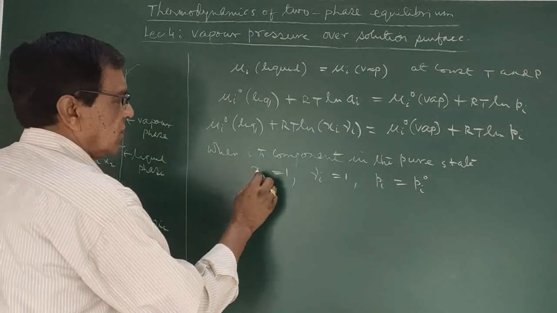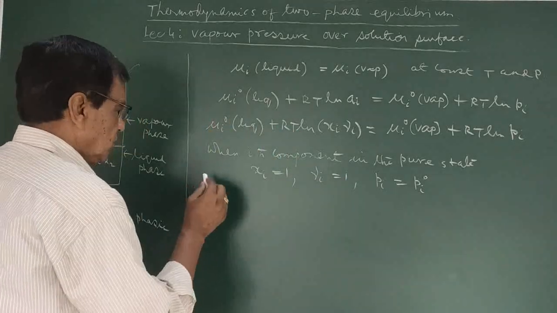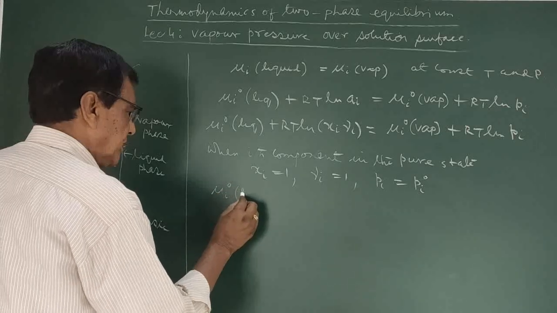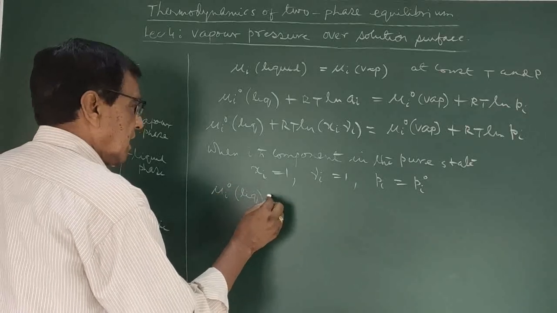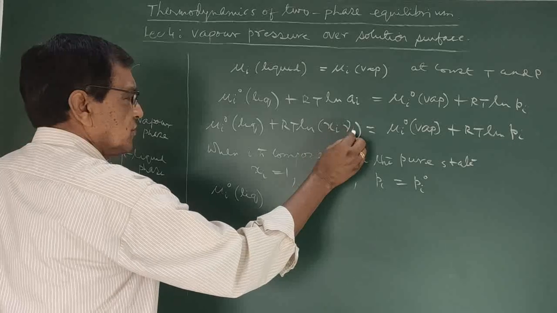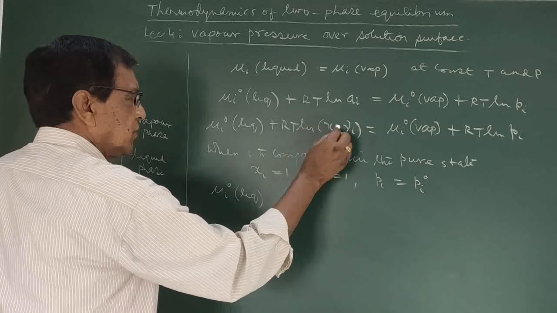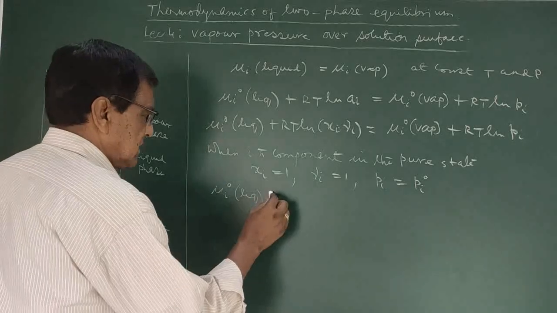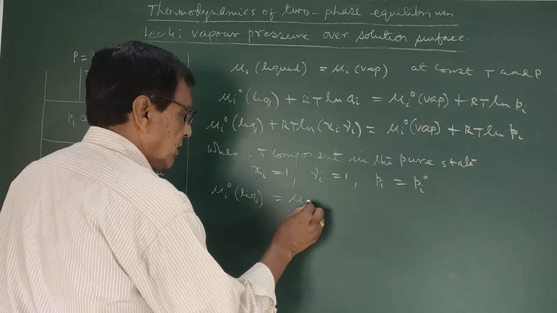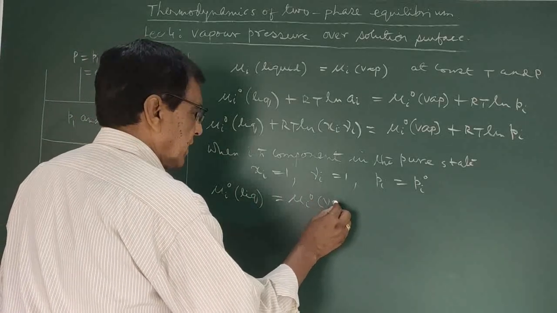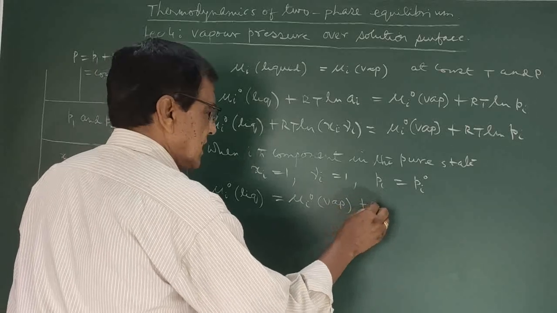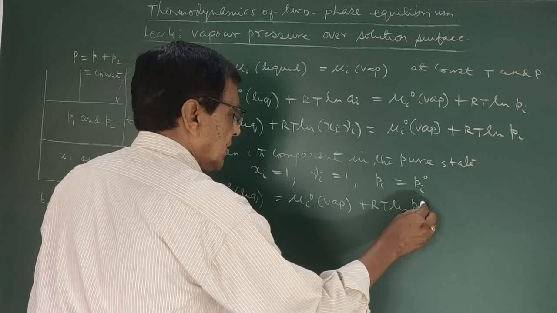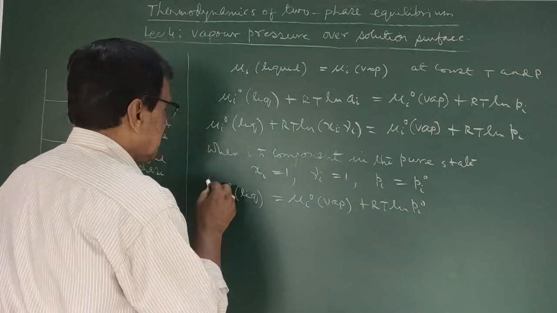So inserting all these three here, we have mu i naught liquid, and this one 1, this one 1, the product of the two is 1, ln 1 equals 0, so this term will not be here, and this is equal to mu i naught vapor plus RT ln P i naught.